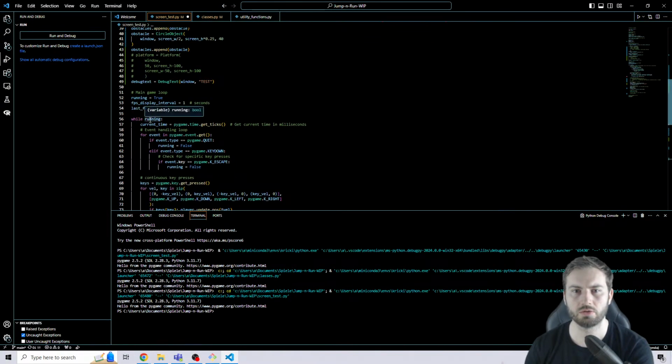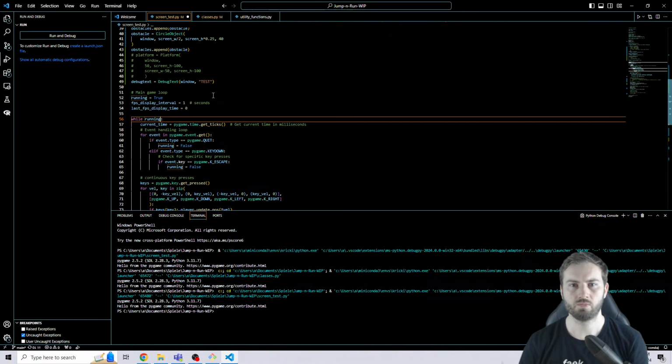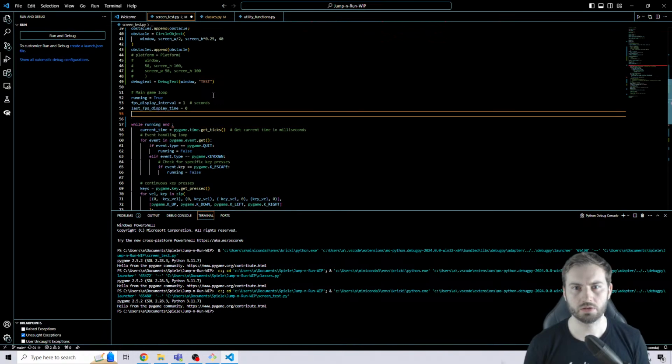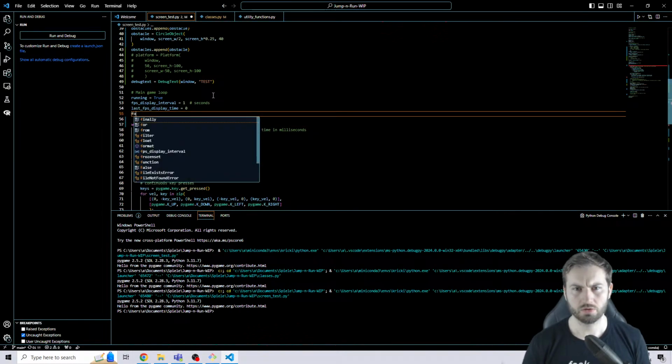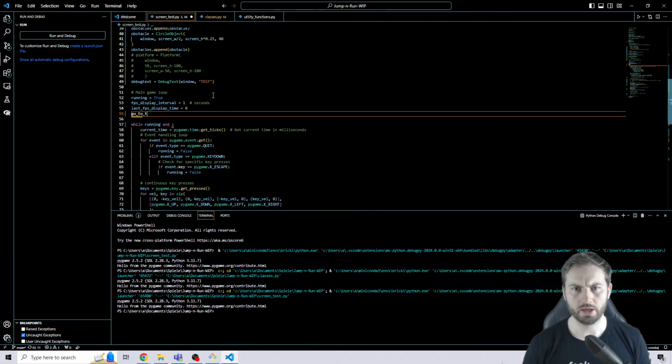So while running, and go to next frame. Very clear variable names here. It's true in the beginning.